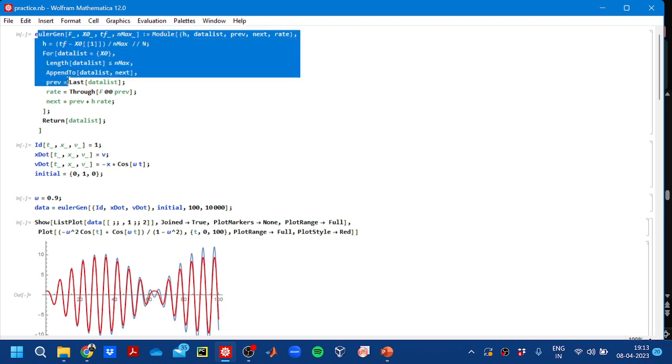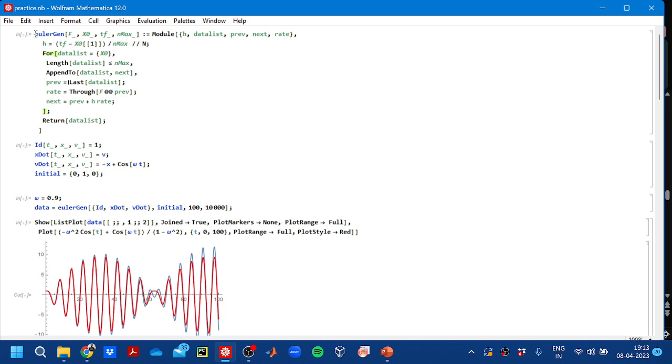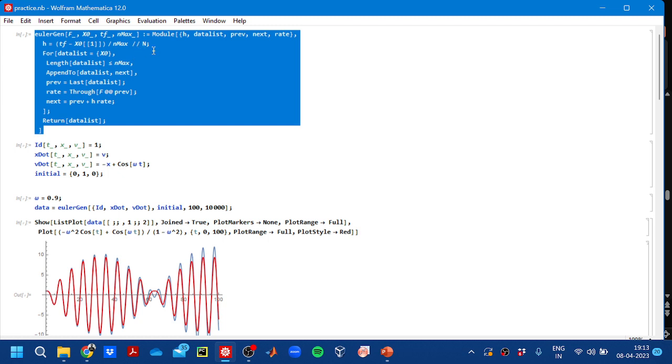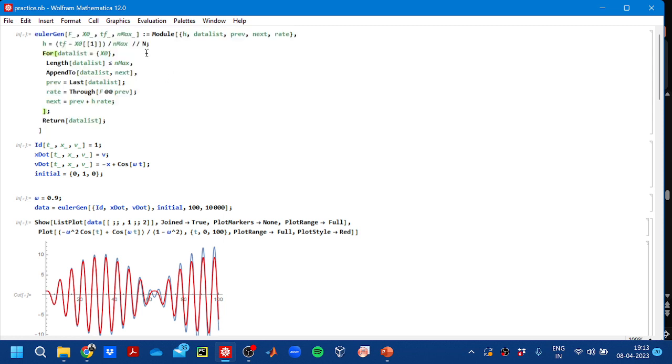So this module, this one, is using this Euler method. Here we are using this Euler method as a function, and in that case, here we have four coefficients. So it will be like how our function looks like.